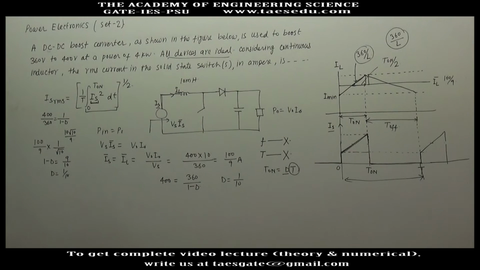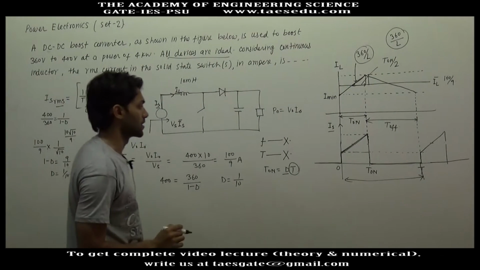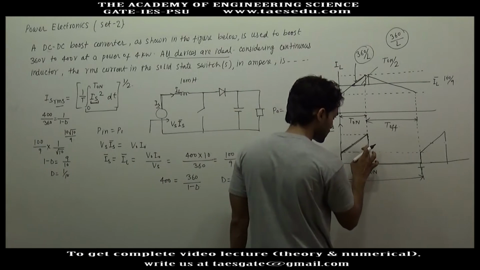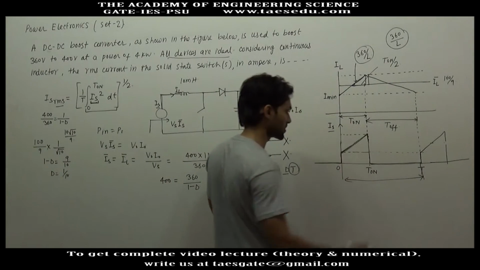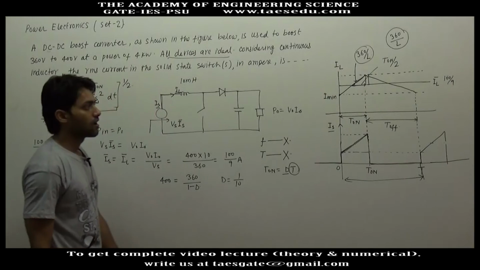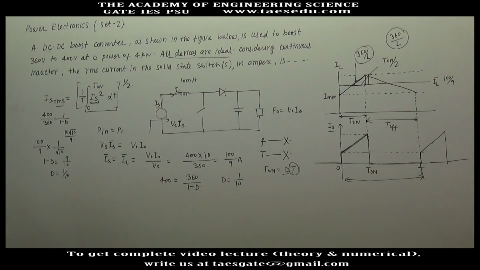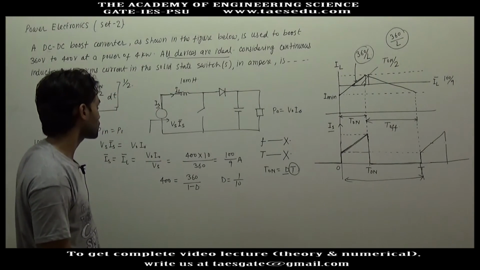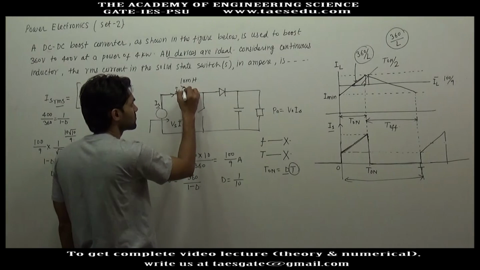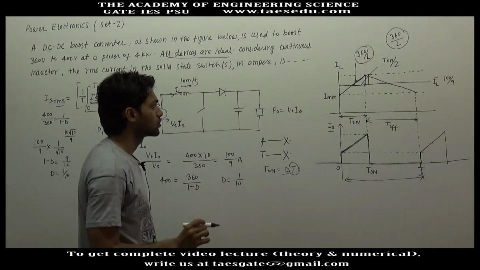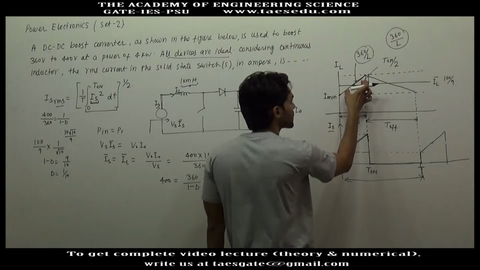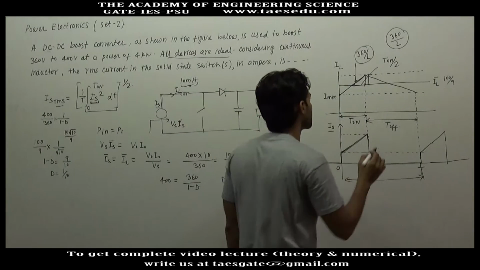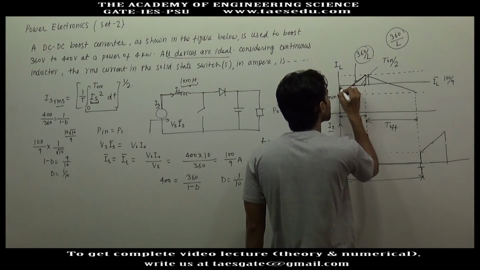But still we have to find the RMS value of switch current. If we assume some approximation, we can approximately find it. What approximation am I going to use? Since the inductance is very large, the variation in the inductor current will be very small. Let's say this variation is not very large.